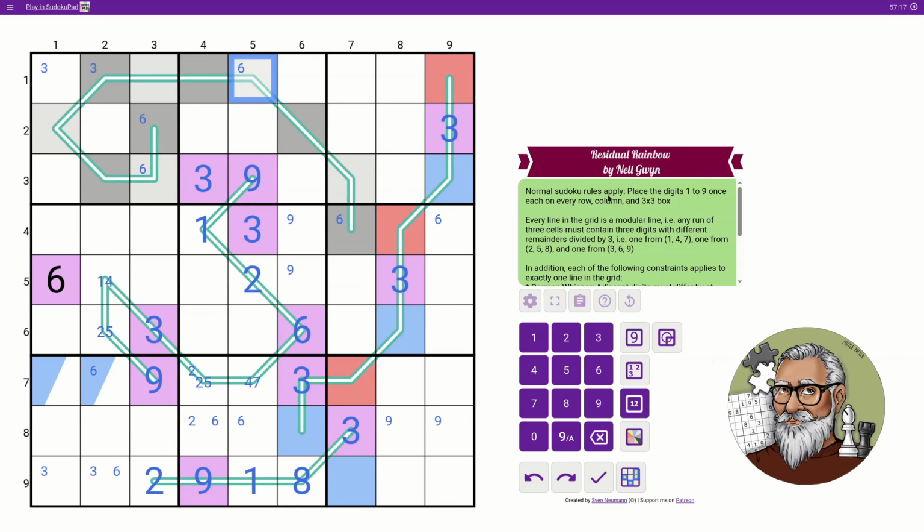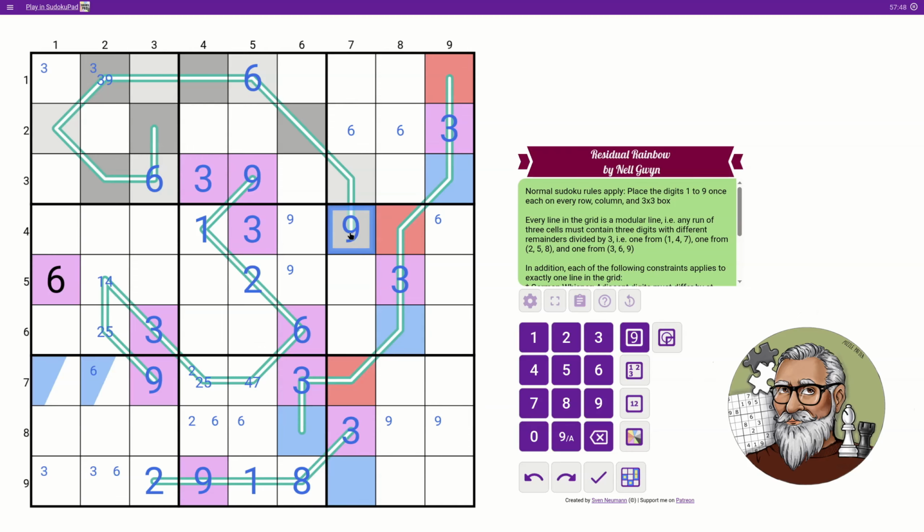So this one has to be 6. Has to be 6. Which means that this is 3, 9. And it means that this is 6 again. Which means that one of those is 6. And it means that this is a 9.